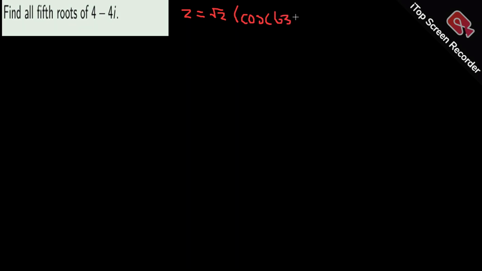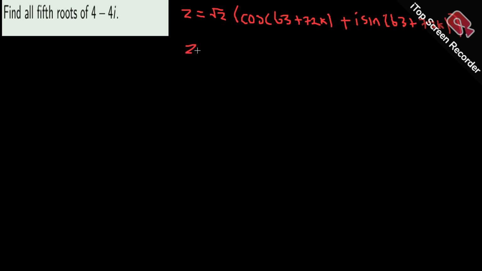63 plus 72k plus imaginary unit sine 63 plus 72k. Okay, so I'm just going to reach on the second root. I'm not going to finish everything up. I'm sure you've gotten the concept.